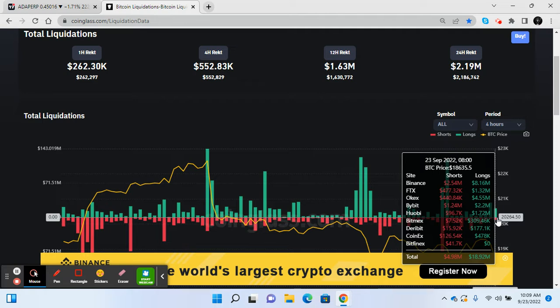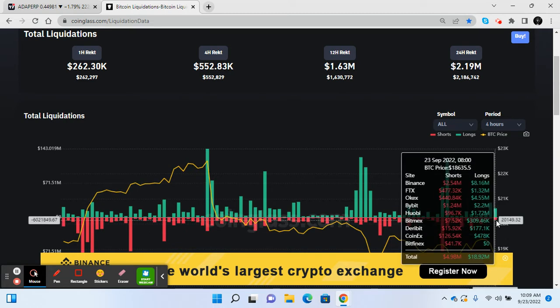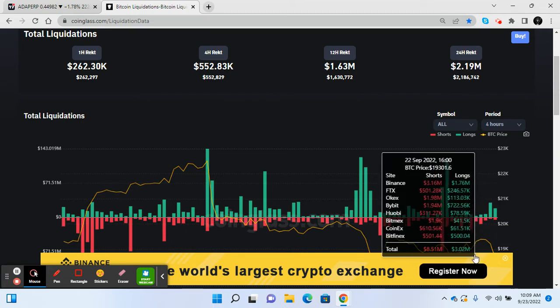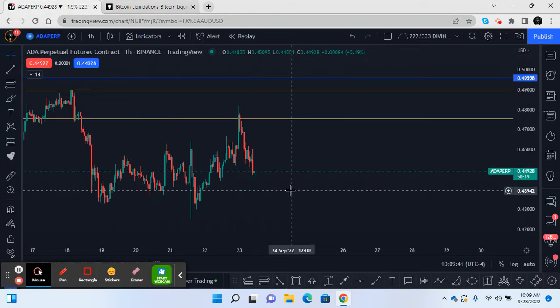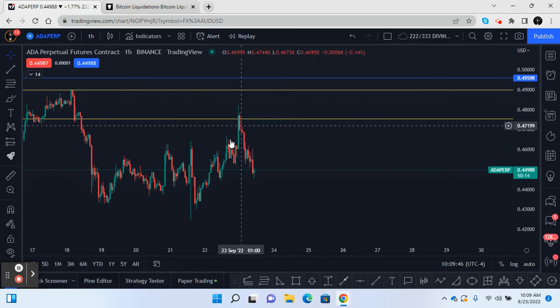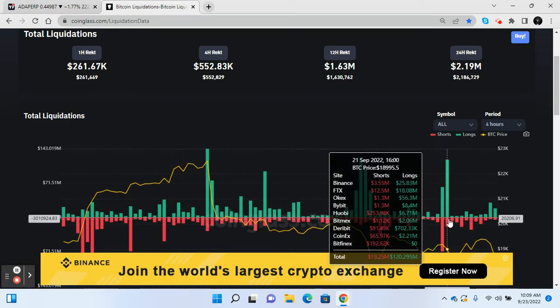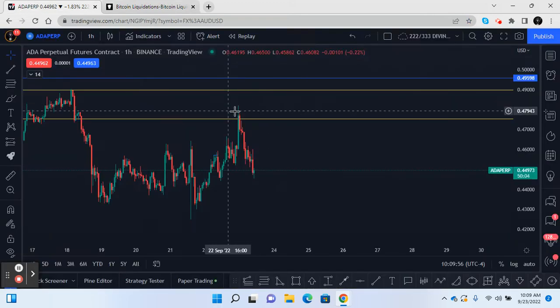Because we're looking at the last 4 hours, you had 18.92 million that were long, and if you look, now we're getting a pullback. We're getting a pullback based off of that because we want to be contrarian in nature. But let me look at the actual hour of when this occurred.